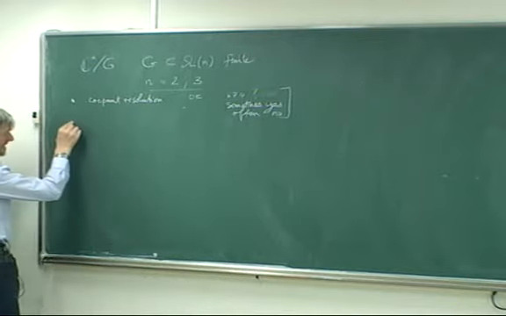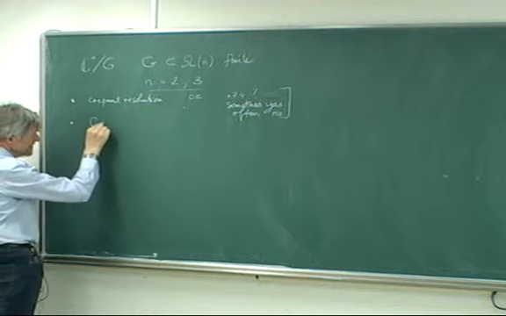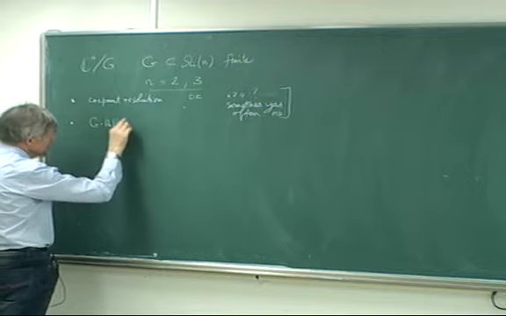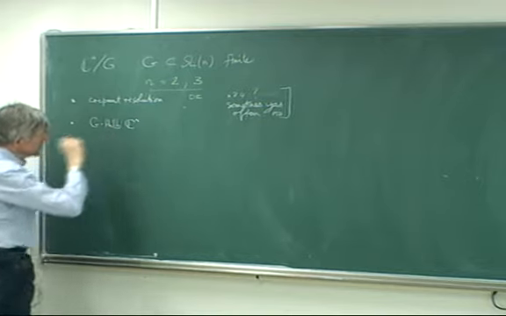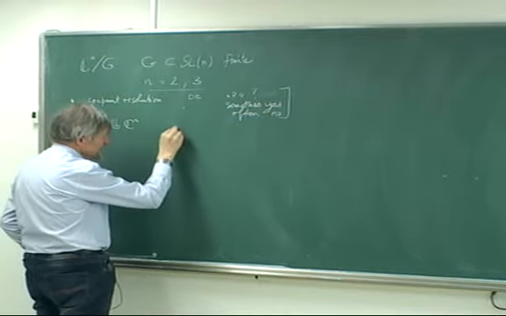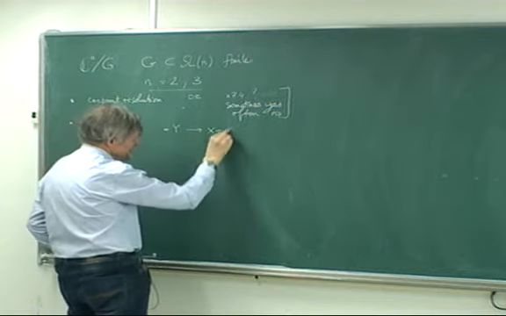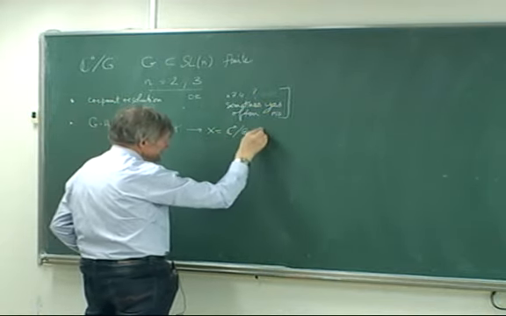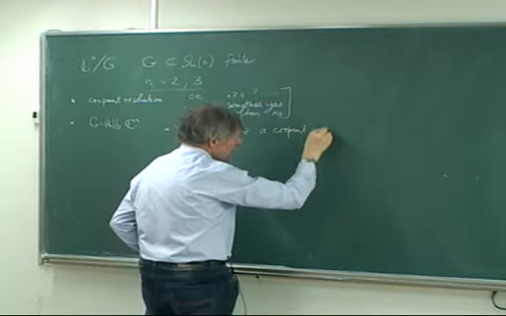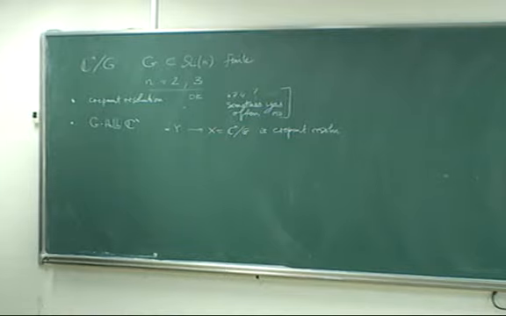Then I want to discuss this notion of G-Hilb. I mentioned this last time, but I'm going to say it again. In good cases, Y goes to X, this quotient C^n over G, is a crepant resolution.